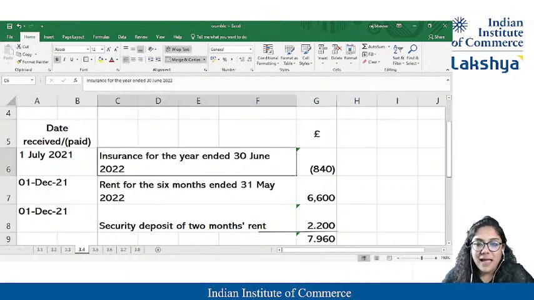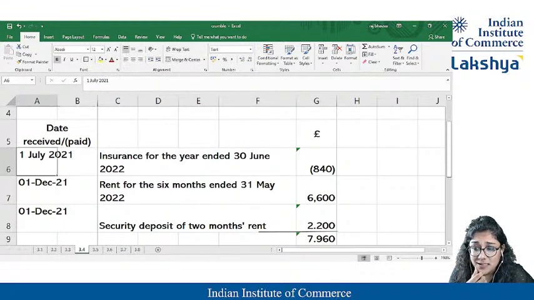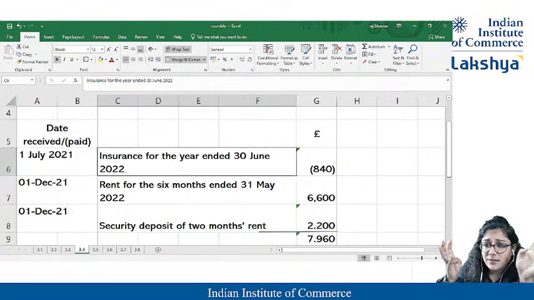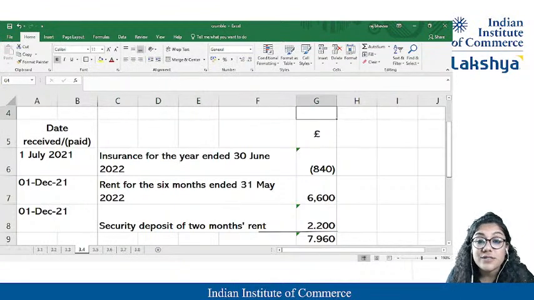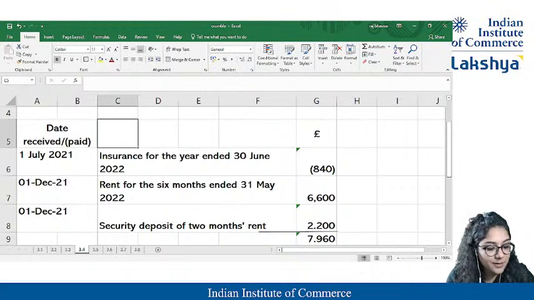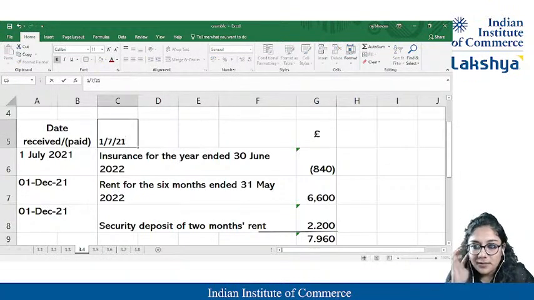Insurance expenses ended till 30 June. I paid on 1st July for 12 months, till 30 June. But my accounting period is restricted till 31st March. Accounting period is 1st July 21 till 31st March 22.